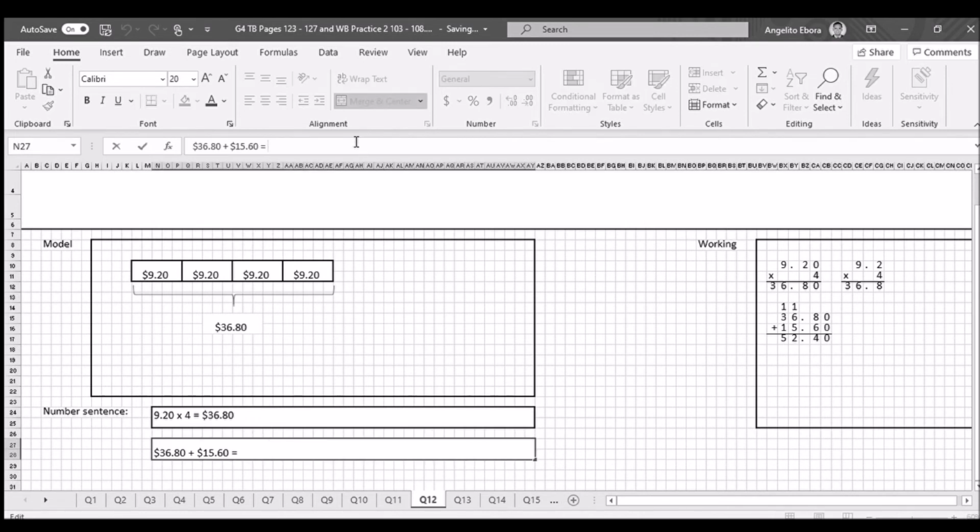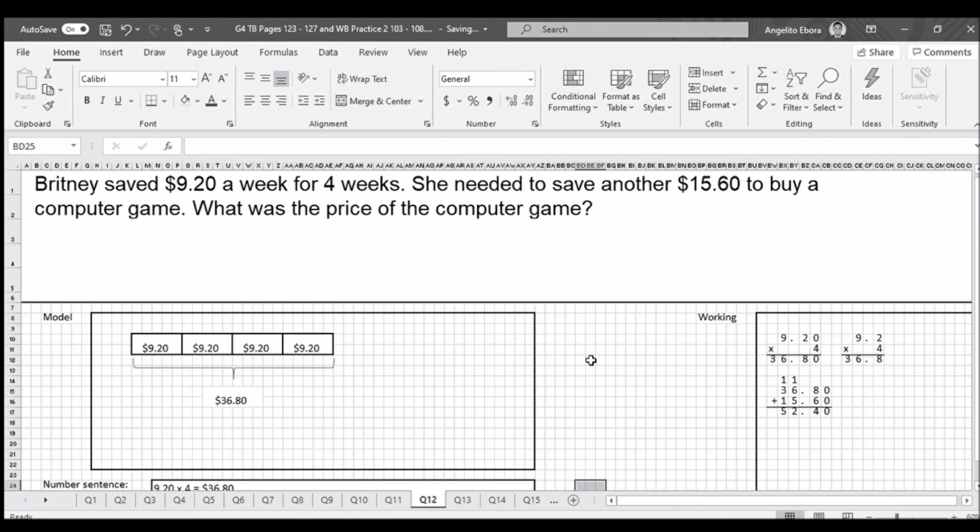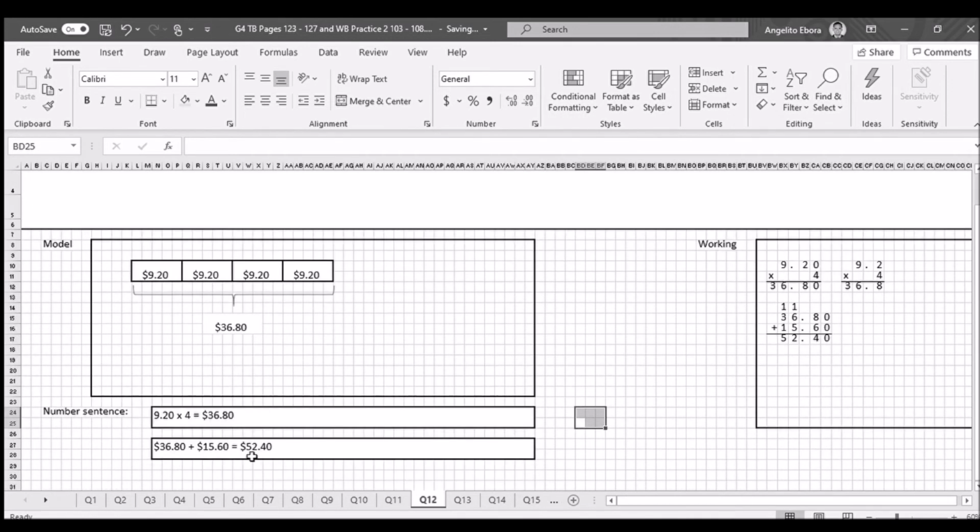That means this is the price of the computer game. Okay, again, we're talking about money, so do not give your answer 52.4. Okay, always we do that, two decimal places.